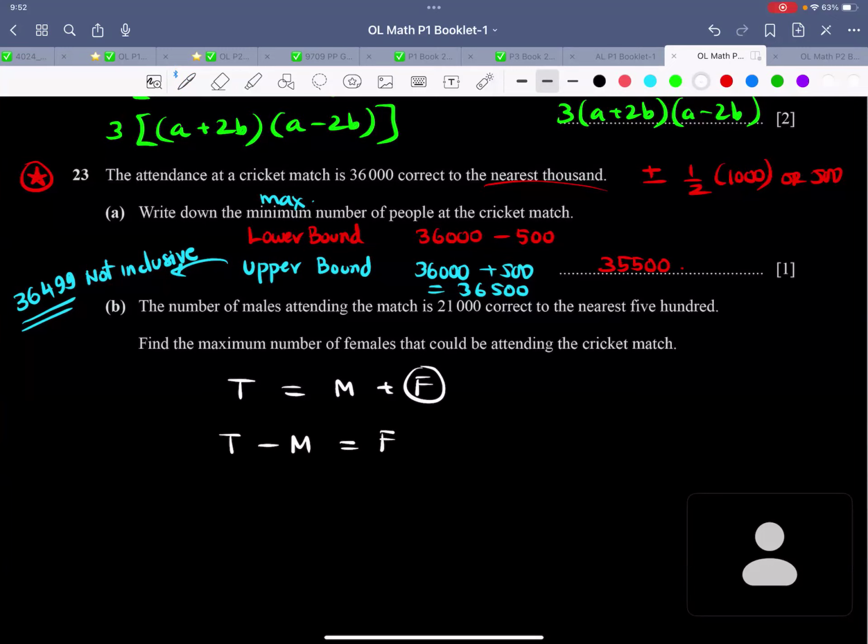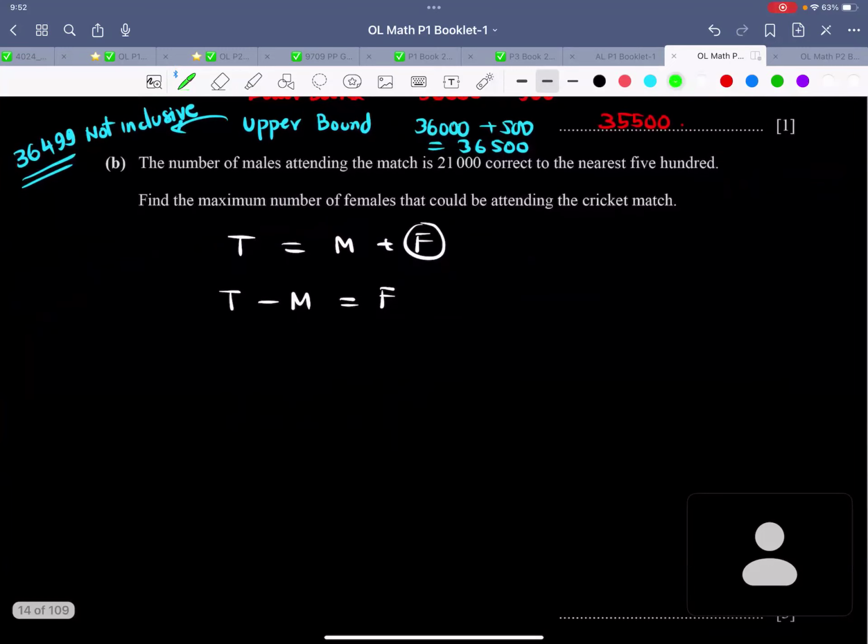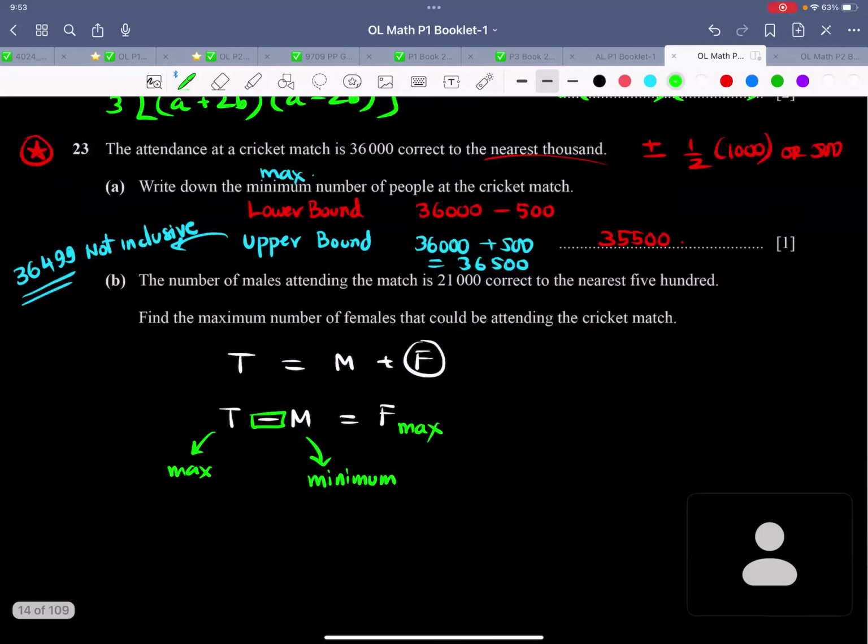Now this is a scenario of subtraction. If I need the maximum number of females, I should have the total as maximum and male as minimum. Keep that in mind. And by the way, lower bound is always inclusive. Keep that in mind.